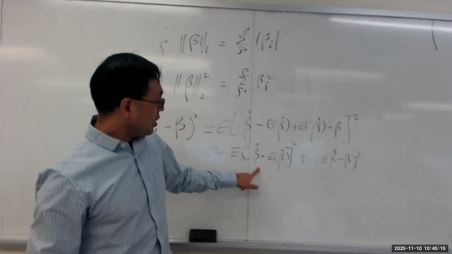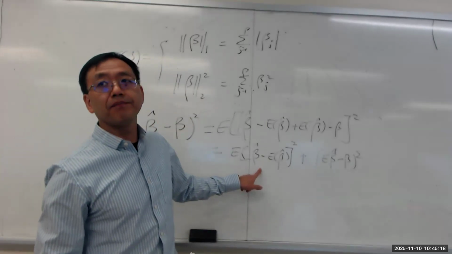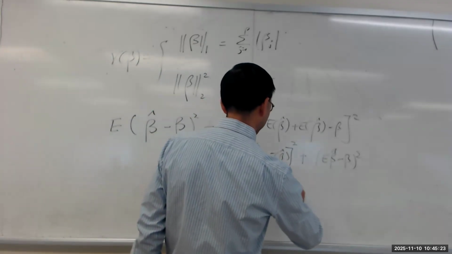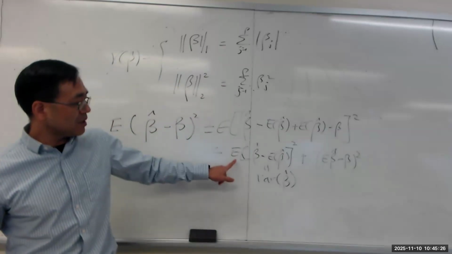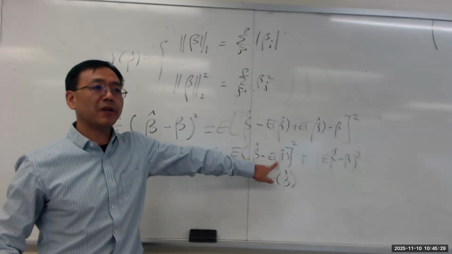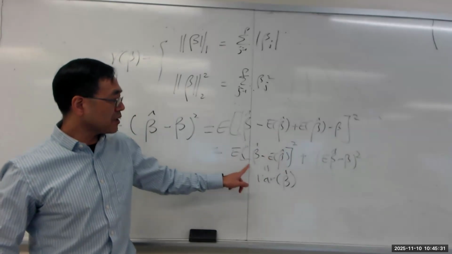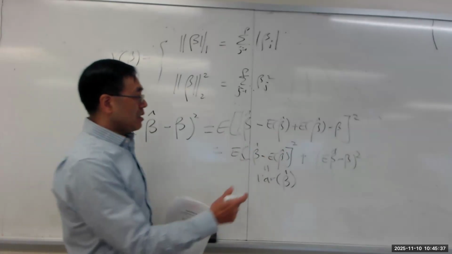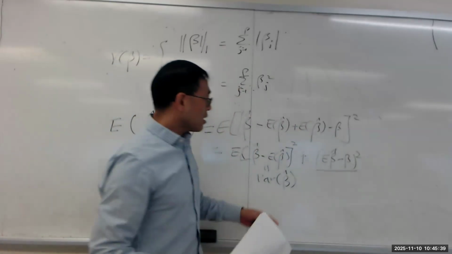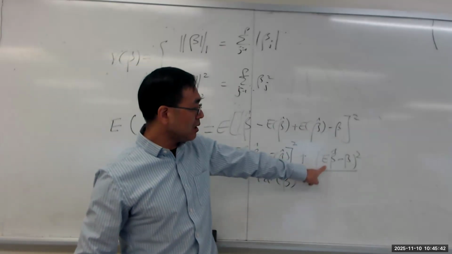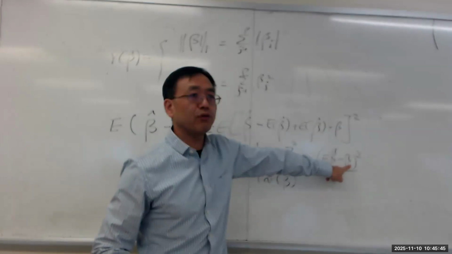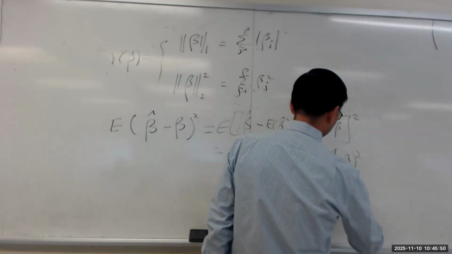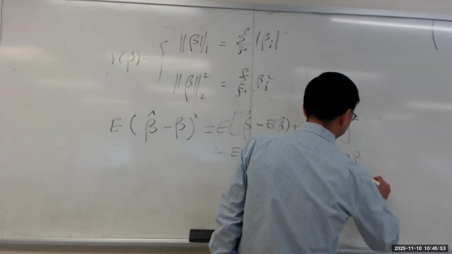The first term is called the variance of beta hat, because it's the expectation of beta hat minus its own expectation, squared. This is the definition of the variance. The second term is how far your expected estimation is from your true value. This term is called the bias of beta hat.